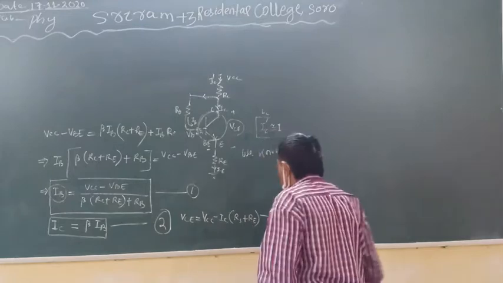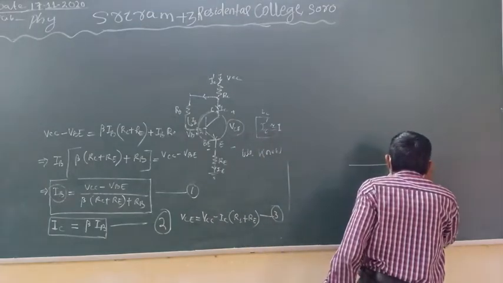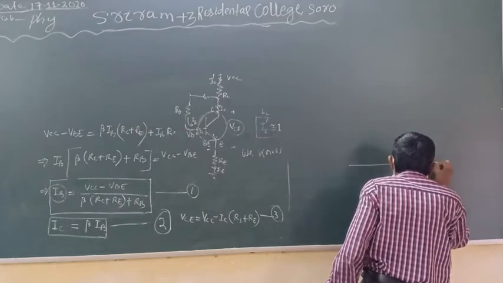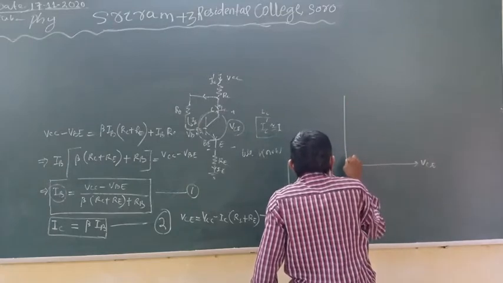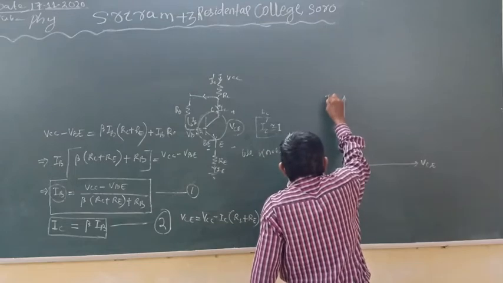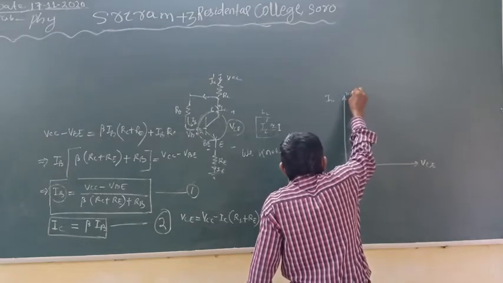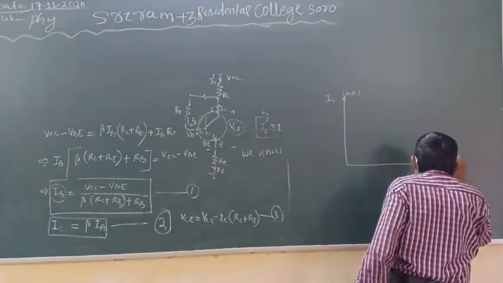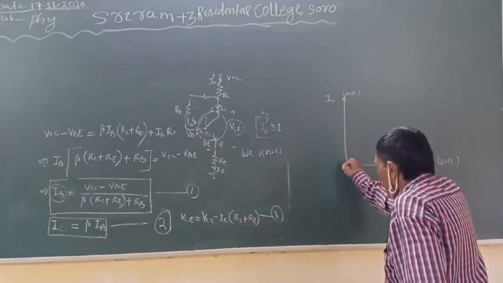On the x axis we write the voltage, VCE, and on the vertical axis the current, IC, in milliamperes, with voltage in volts.